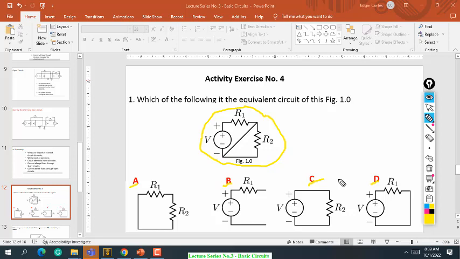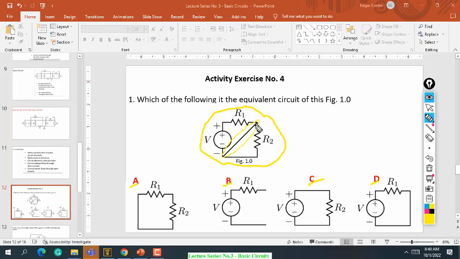We've discussed basic circuit elements, nodes, junction, short circuit, open circuit, resistors, voltage. So remember, class, to give you a hint on how to analyze this problem number 1, look at this one. Did you recognize this line?